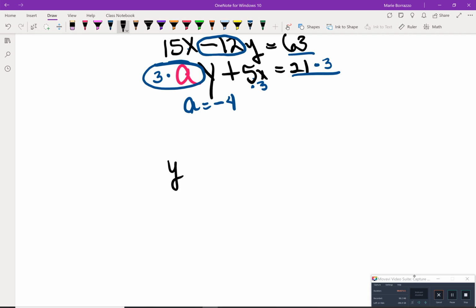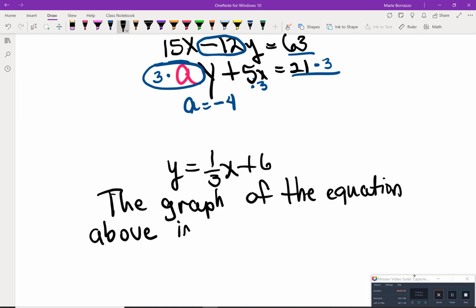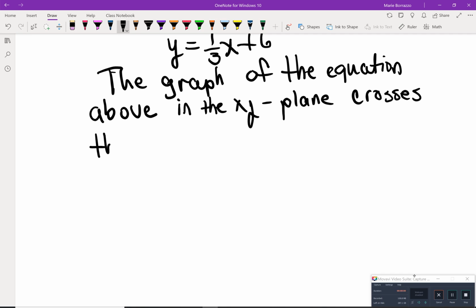So they say we are given the equation y equals 1/3 x plus 6, and they're saying the graph of the equation above in the xy plane crosses the y-axis at the intercept 0, b.